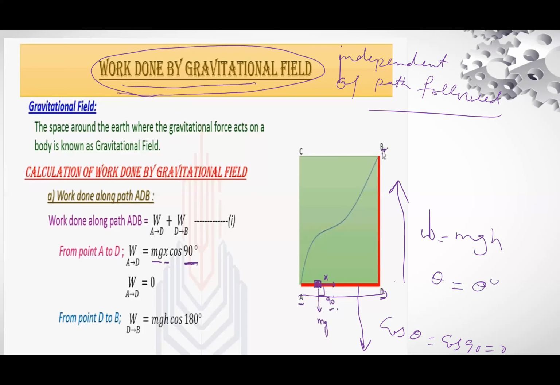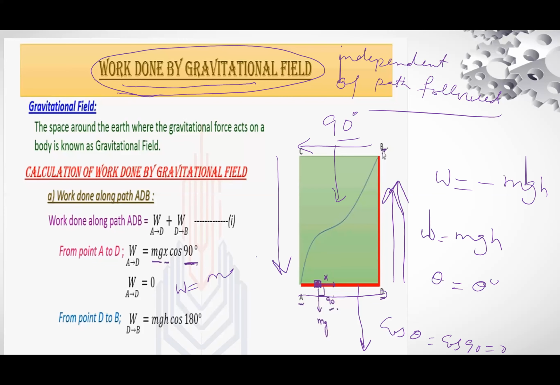This work is done against the field, so it will be negative, minus mgh. During this journey, no work is done due to 90 degree. In this case, work done will be equal to mgh and will be positive.